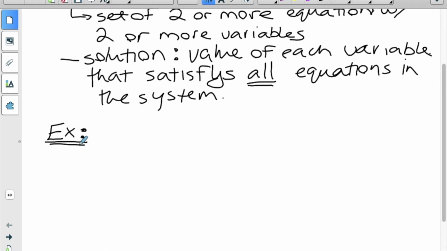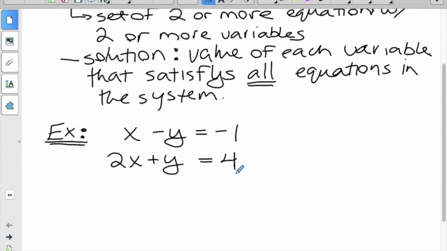All right, so here is one equation. Okay, and the other equation is this. There we go. Okay, so here is our system of equations.